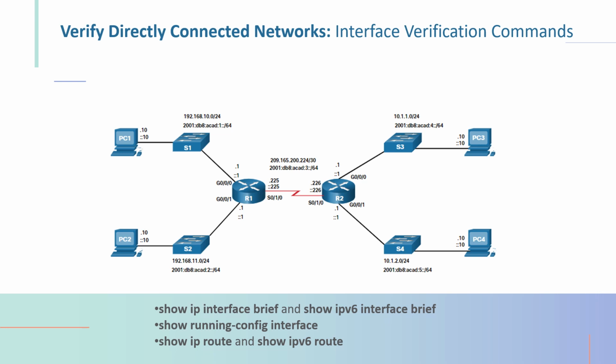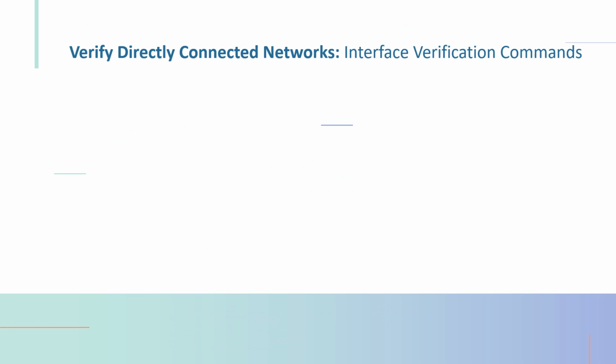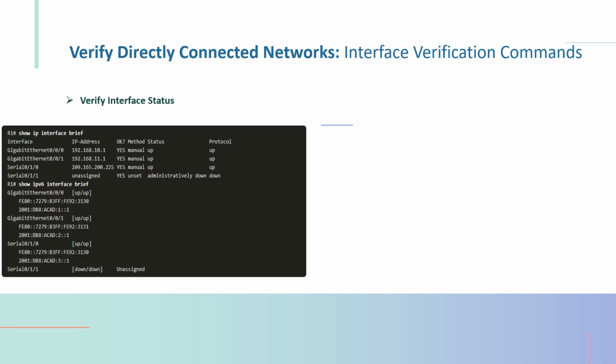So let's go and see those kinds of commands. In case we need to verify the interface status, we have to use the show ip interface brief and show ipv6 interface brief, as shown here.